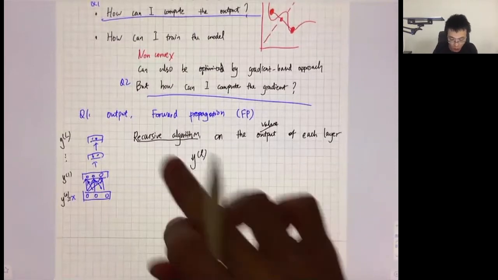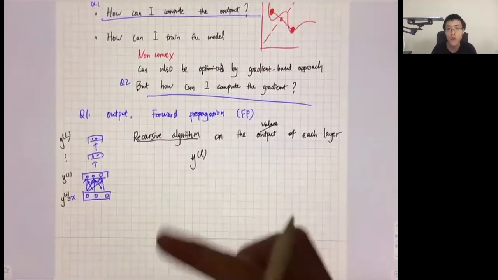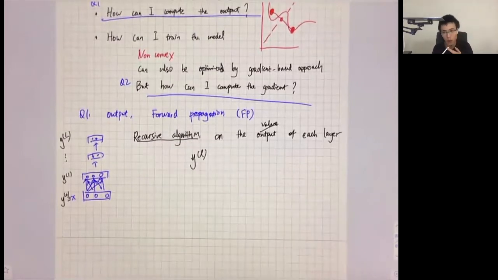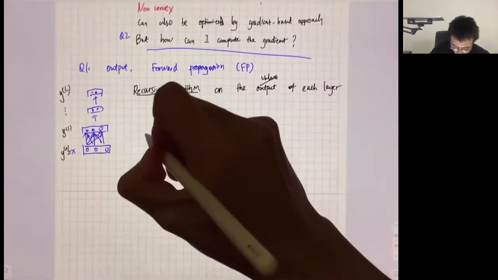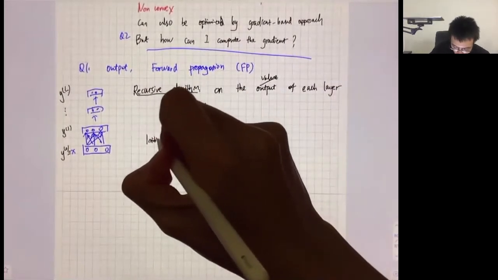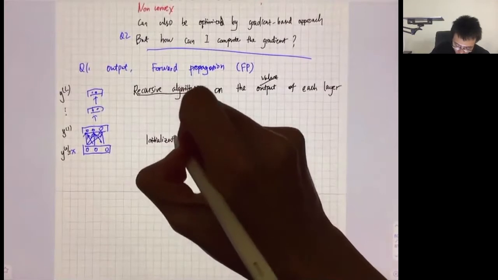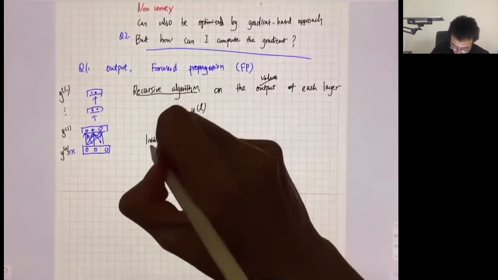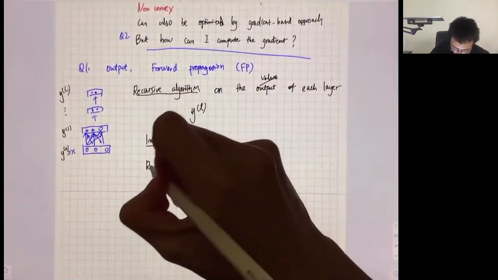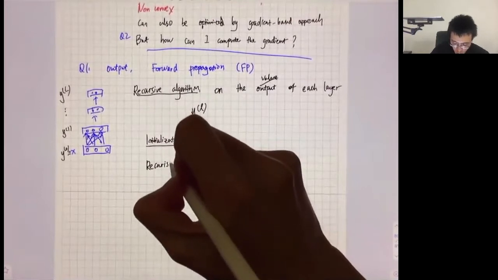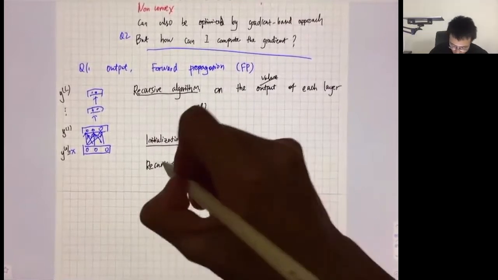So when we talk about a recursive algorithm, we always have 3 steps. One is the initialization, and the other is the recursion formula, and the third is the termination. So the initialization, how can I get started? And then the recursion step: if you know the previous result, what is the next thing?